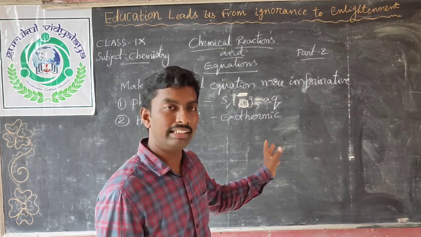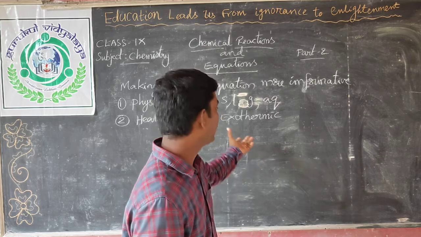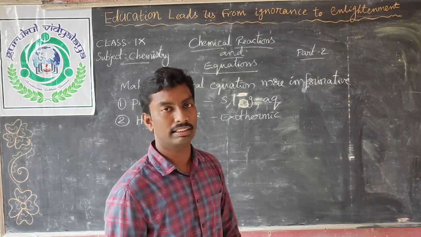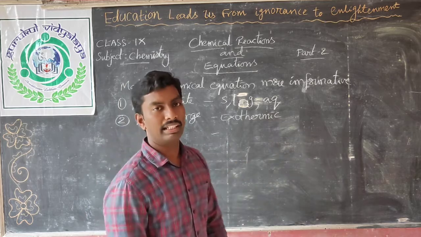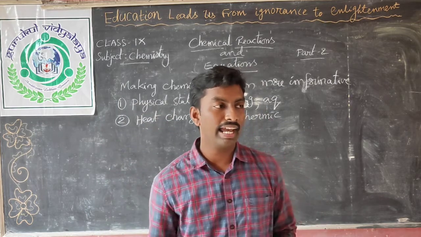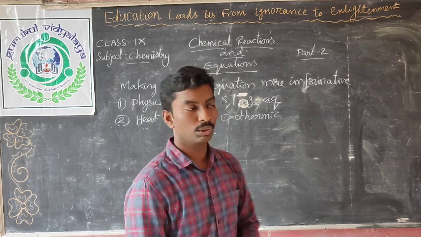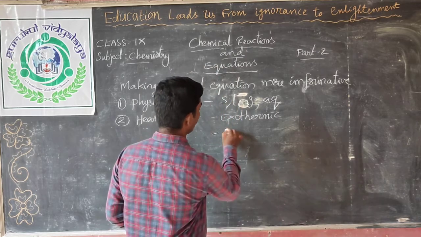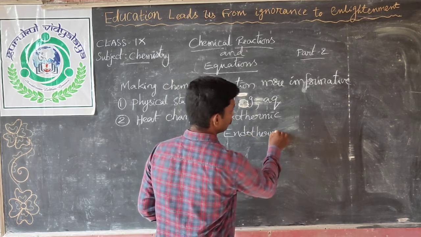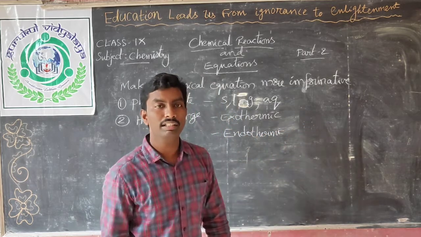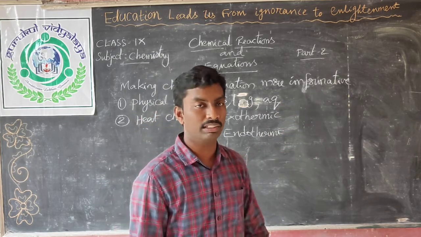That means when heat is released, liberated or evolved, we call it an exothermic reaction. At the same time, if the reactants are absorbing heat while reacting with each other, then we call it an endothermic reaction.